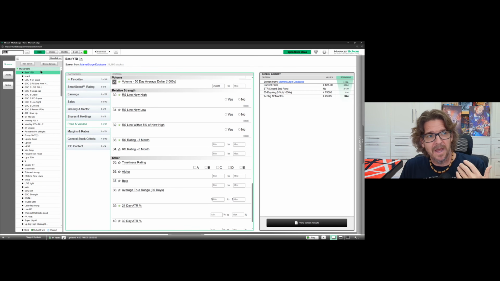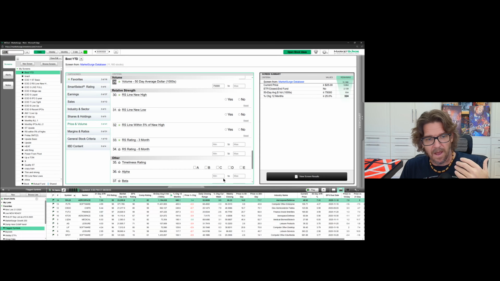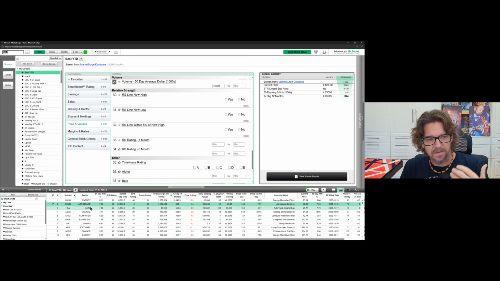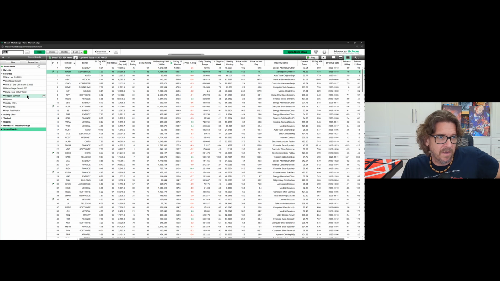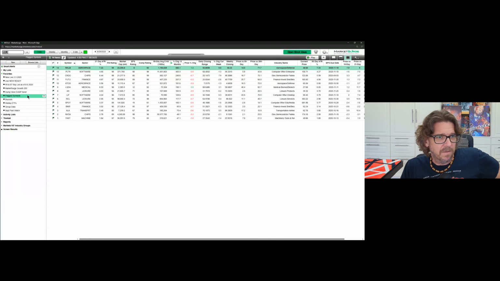As I went through all of these, I just flagged by hitting the F5 button anything that I thought was interesting, and that's what we have, this little flag thing on there. You just hit the little F5 button, or you just click it on. So I use the F5. Let's go into my flag symbols over here and go by what was up the most in the last 12 months.